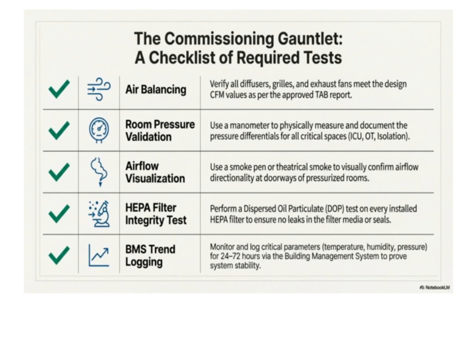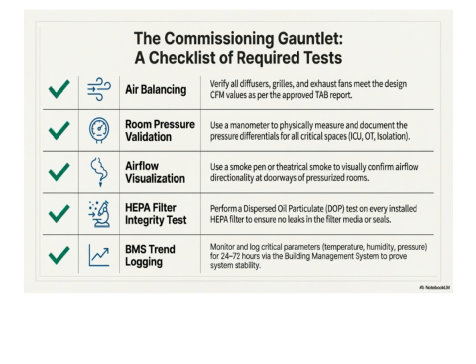We also conduct smoke tests to verify airflow direction. This simple yet effective method shows us exactly where the air is flowing, ensuring it moves as intended. For our HEPA filters, we perform a DOP test on each one. This test checks the integrity and proper functioning of the filters, which is essential for maintaining a sterile environment.